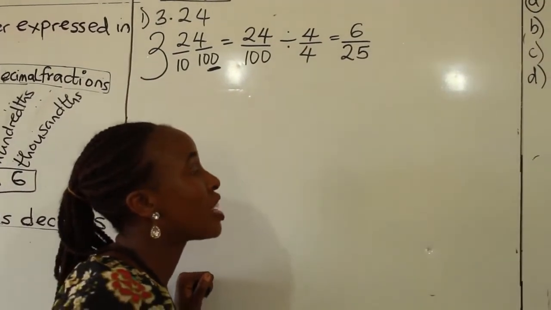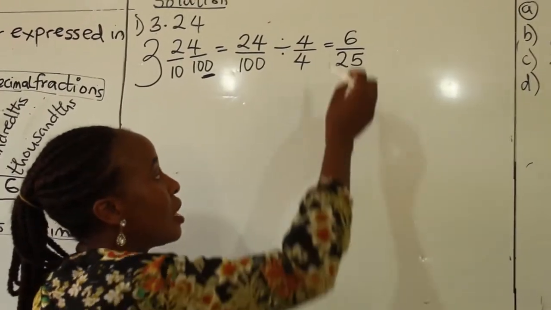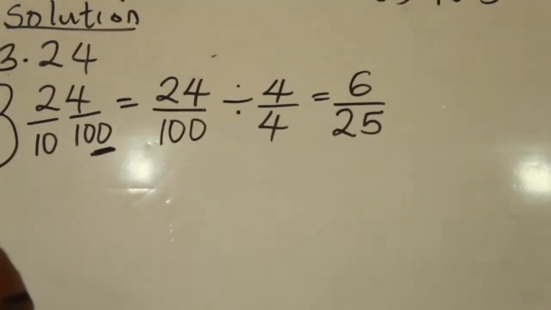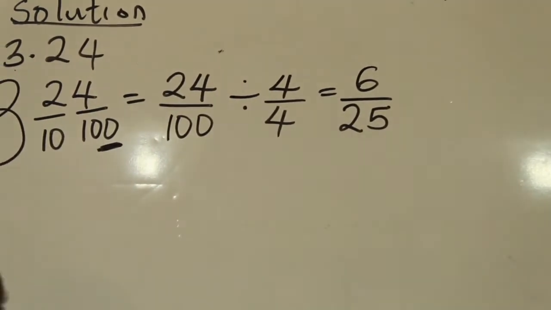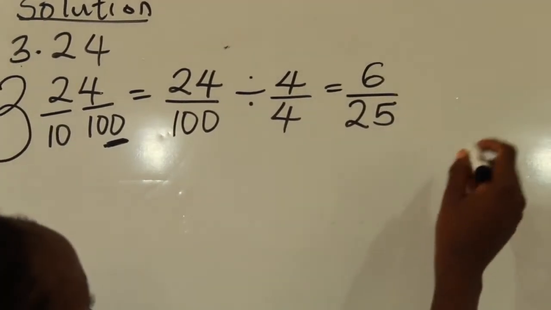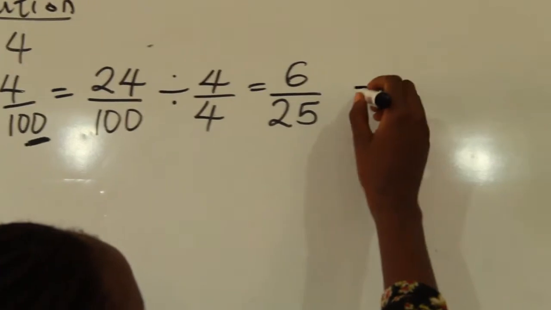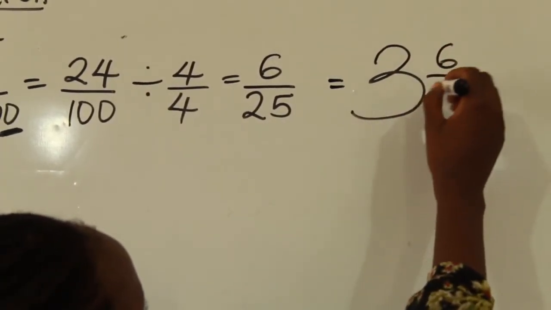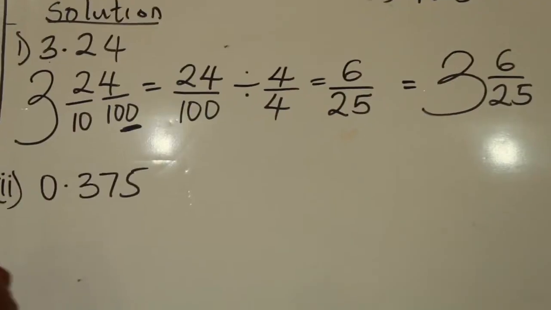Is there any other single number that can divide 6 and 25? I think there is none. So we'll leave our answer like that. Our final answer will now be 3 whole number 6/25.